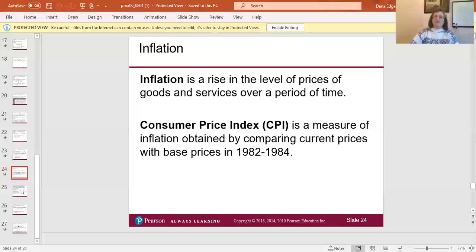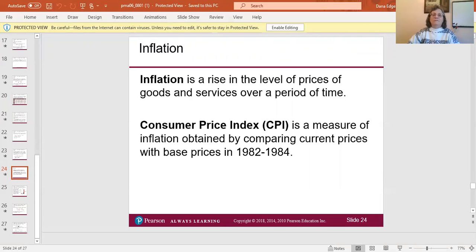The Consumer Price Index sounds really complicated, but inflation is how much prices rise from one year to the next. There's almost never deflation, which would be prices going down. You might have an individual cost of something go down, but this is talking about the overall, what everybody in the United States purchased.